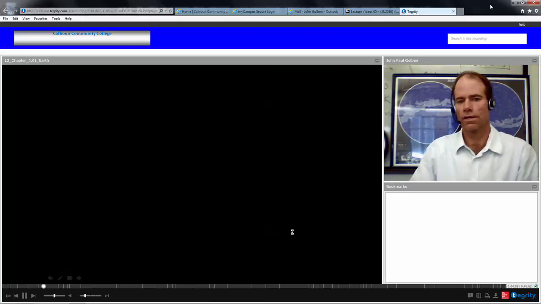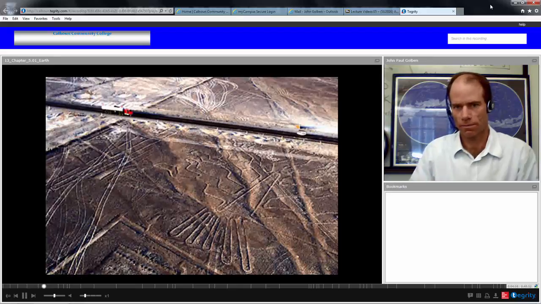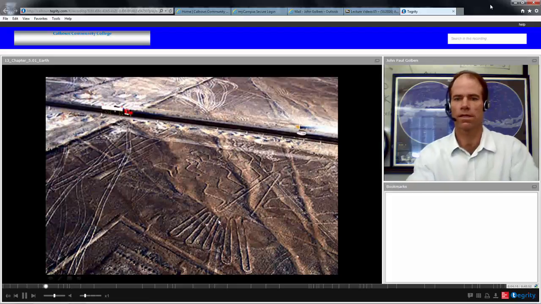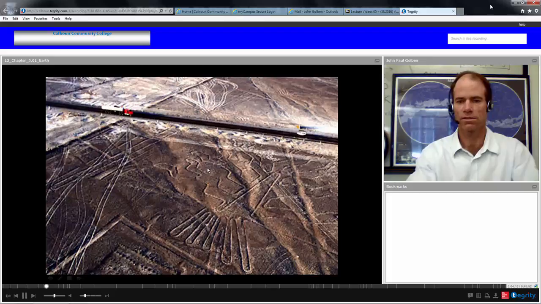One way to look at Earth is from outside of Earth, and as you're looking down, you might see some weird things. Here's the Nazca Plain in Peru, and there are some definite images of creatures on Earth that can only be seen from the sky.